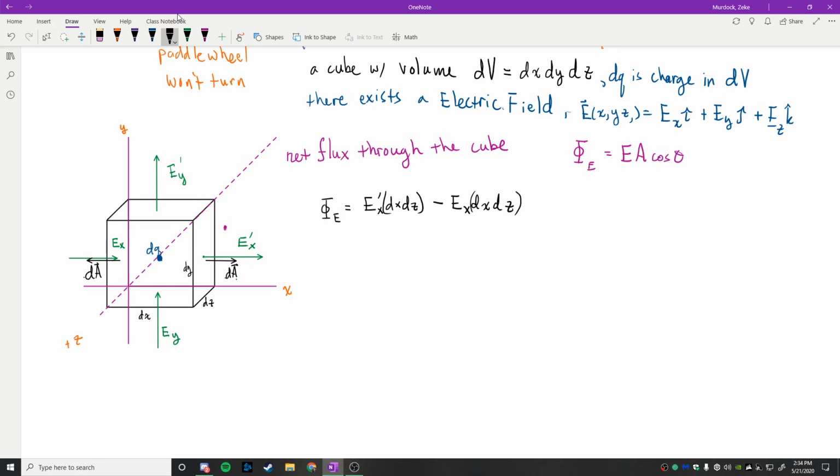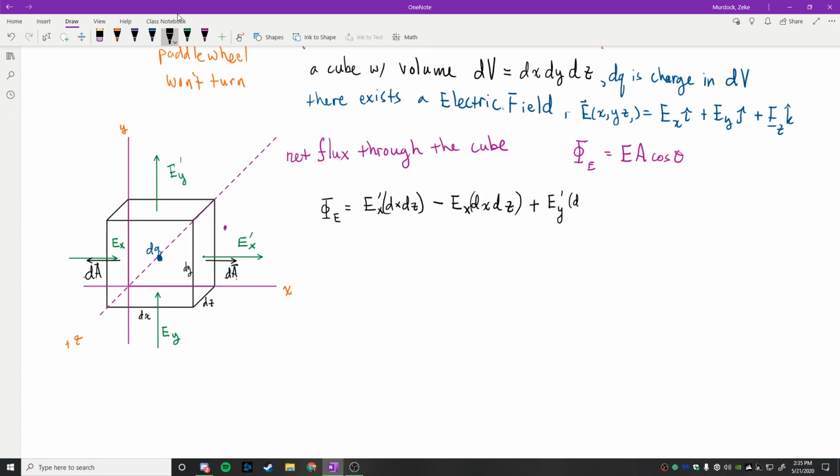Remember that flux going out of a surface is positive, that is, E dot dA is positive, and when flux comes into a surface, it's negative. So the net flux in the x direction would be something like this, and we can do the same thing for the other directions. There's going to be an Ey prime times the surface on the bottom, which has dimensions dx by dz, so you multiply by dx dz.